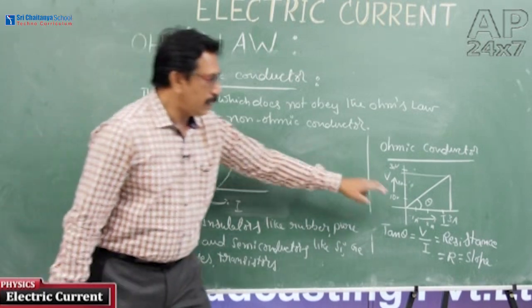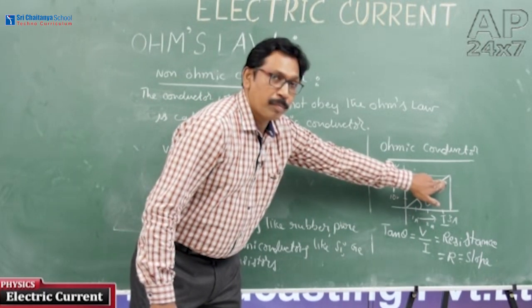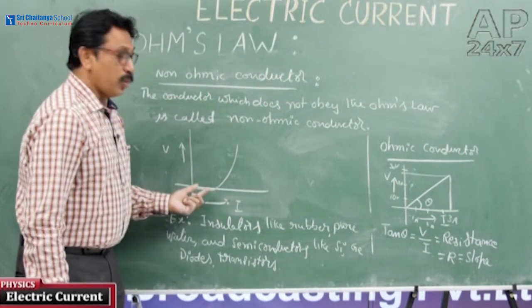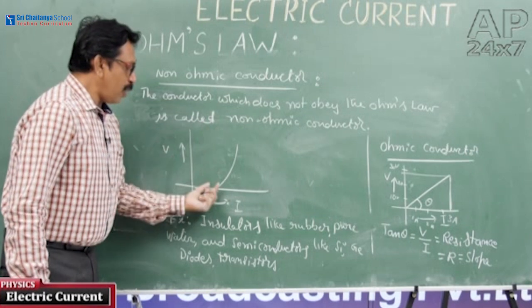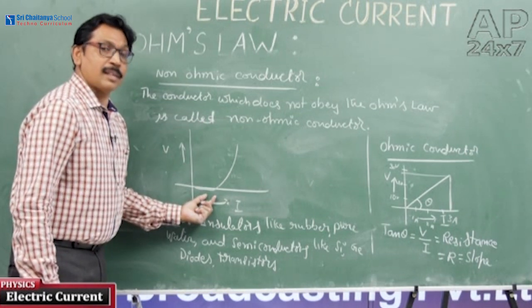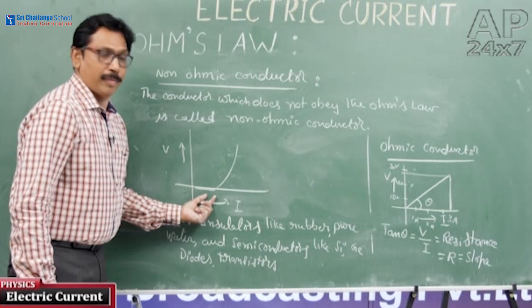It is not like a straight line passing through the origin. So when the graph is non-linear, that conductor is called a non-ohmic conductor.